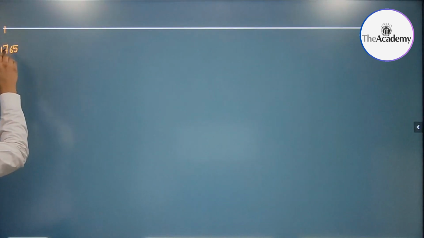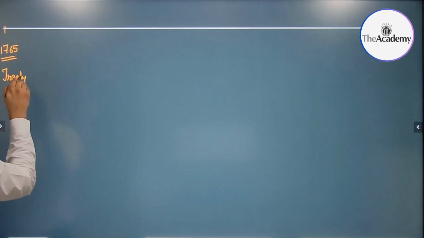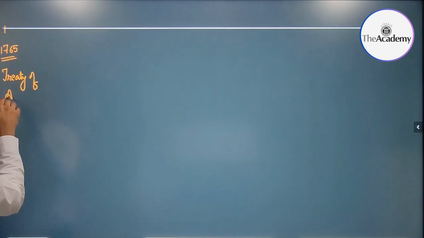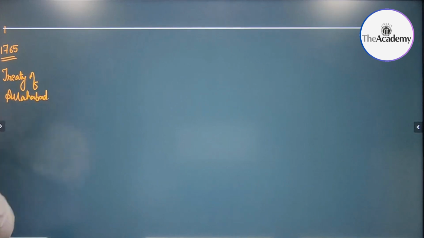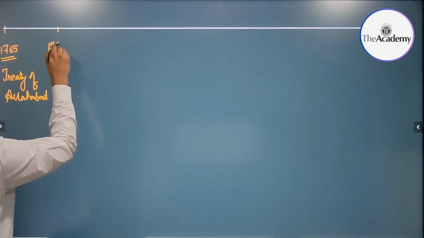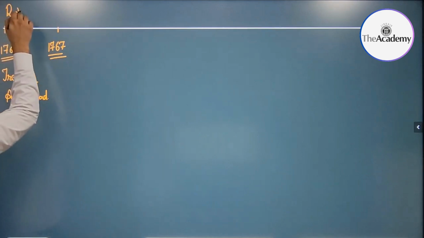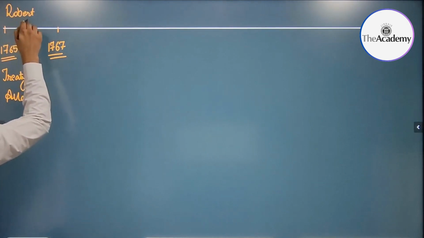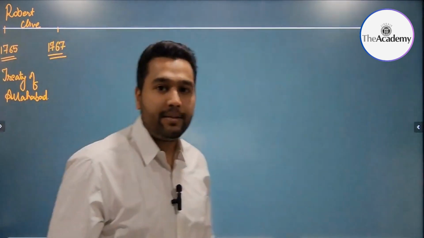So our study begins with 1765, when via the Treaty of Allahabad the English became the de jure powers. From 1765 till 1767, Robert Clive became the governor of the Calcutta Presidency.